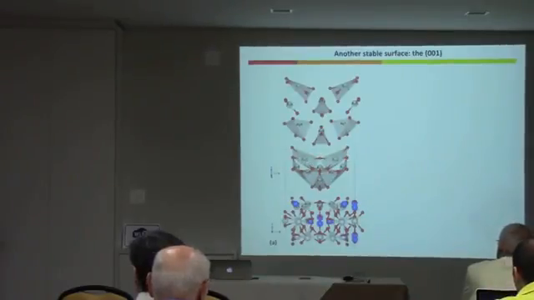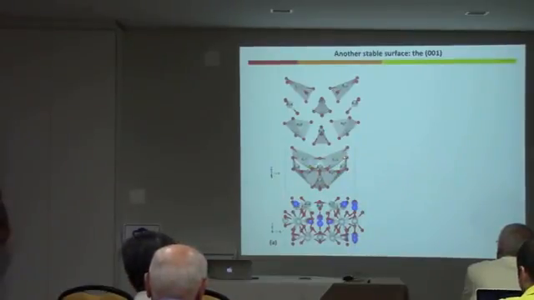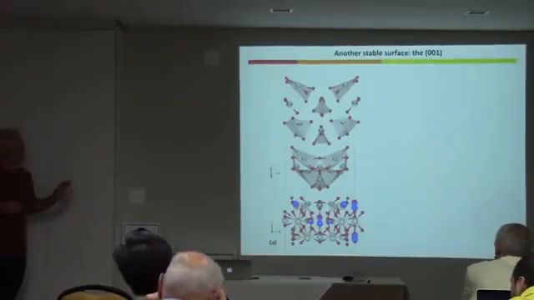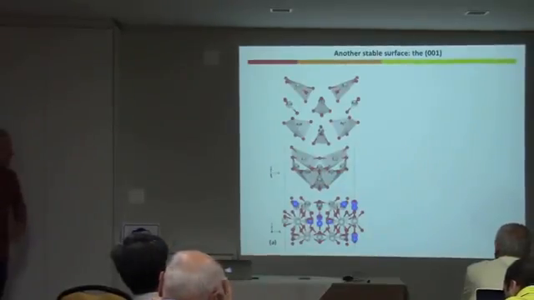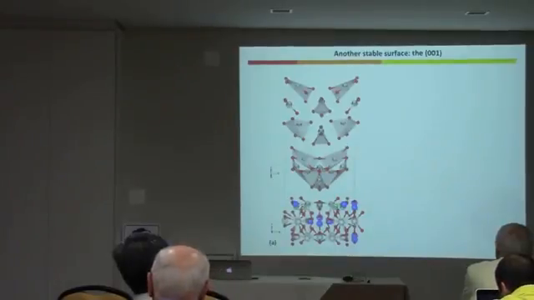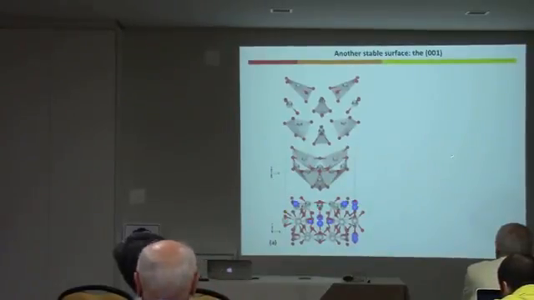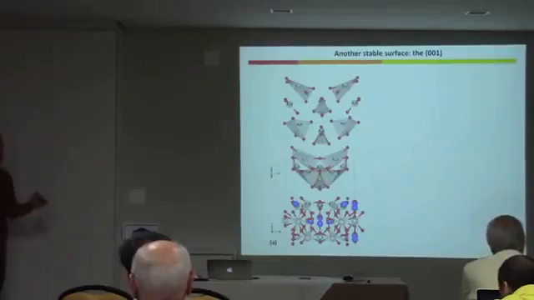This is a rotated view of this layer, showing the clusters separately, just to have a picture of how complex the system becomes. But even this is the surface relaxed after cleaving.